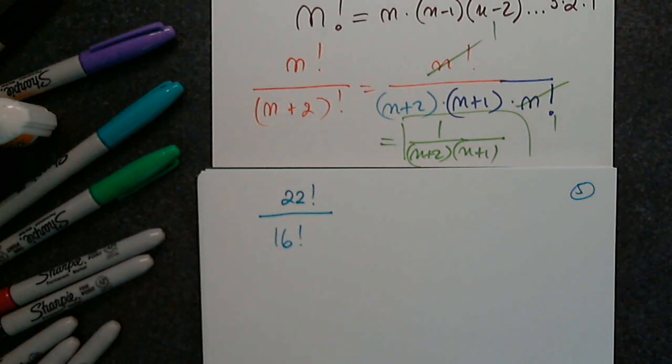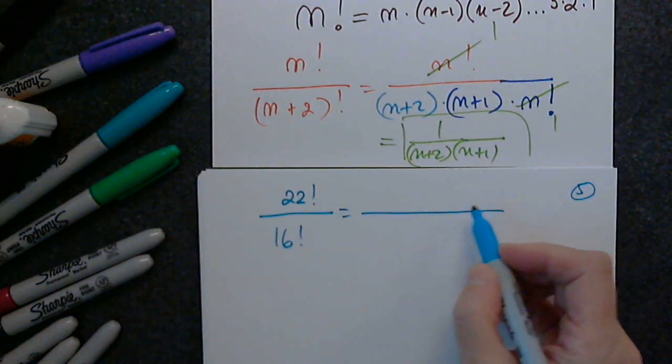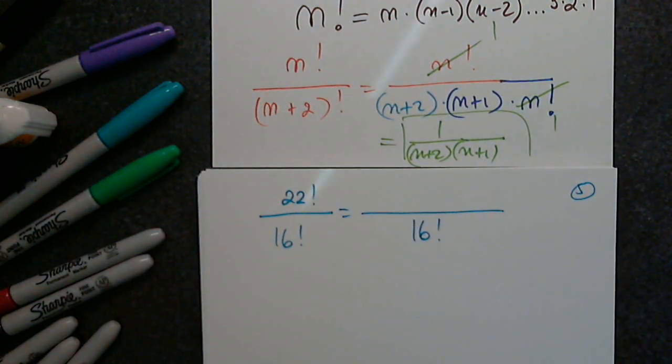Which one of these, top and bottom, is bigger? Do you think that 22 factorial will be larger as a product, or 16? Of course, that's my starting point, and I will leave 16 alone. So how do you think the top will change?